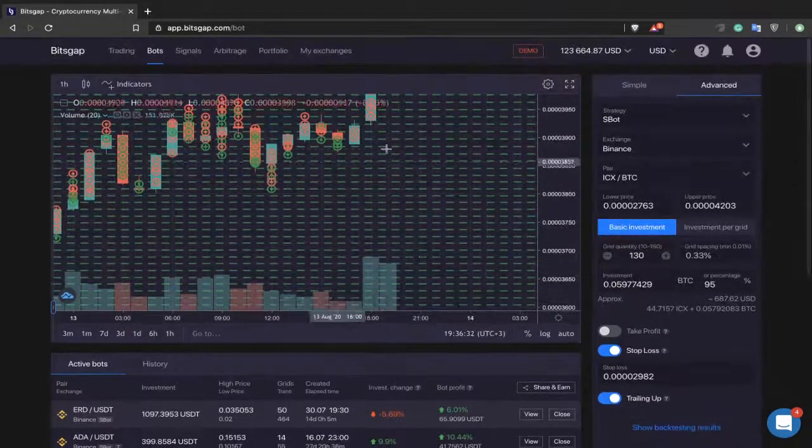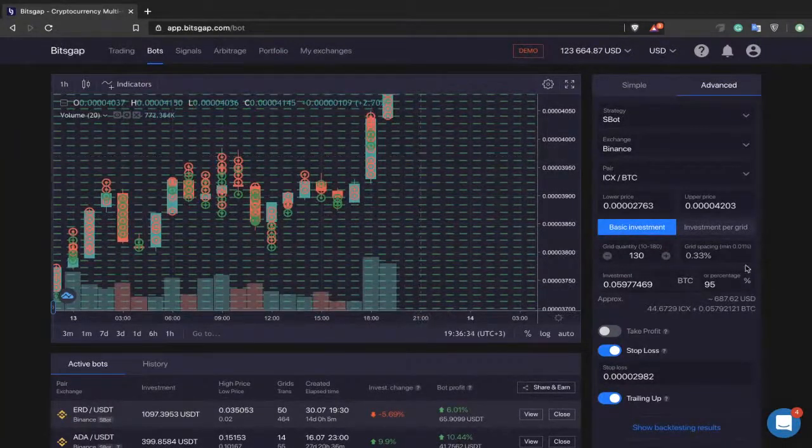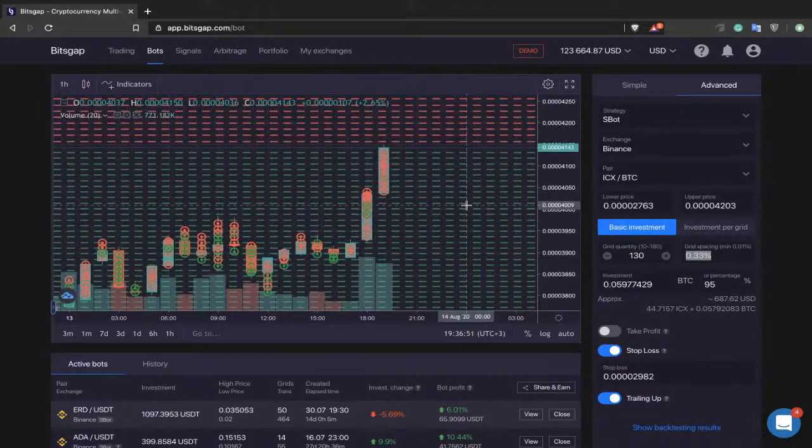Whereas in this tight, narrow setup where you have grid spacing, let's say from 0.1 to 0.5, you maximize the chances that the price will eventually trigger almost all of the orders plotted on the chart, resulting in this consistent profit inflow. Tiny profits, but added up together, they still make up a decent return.